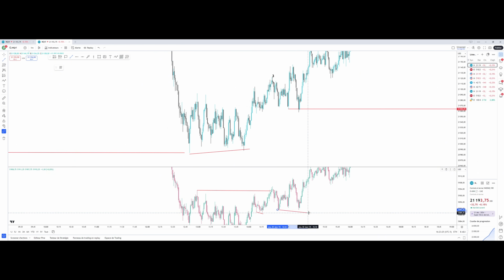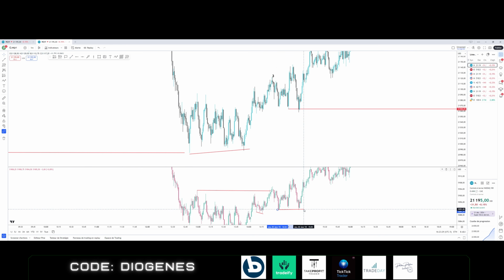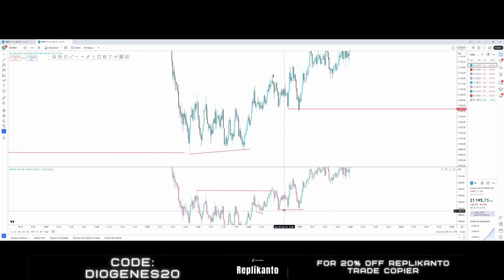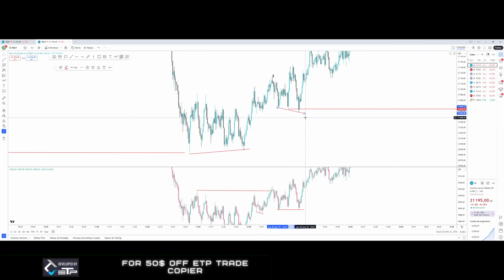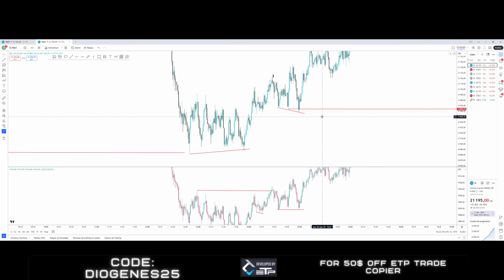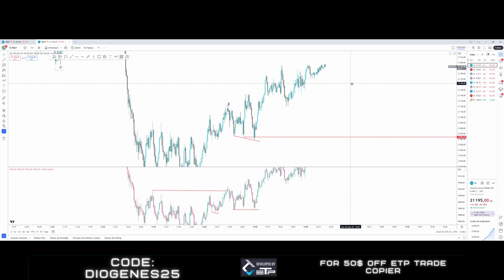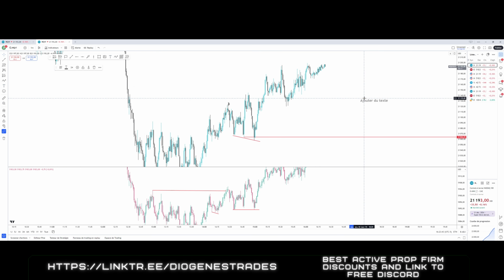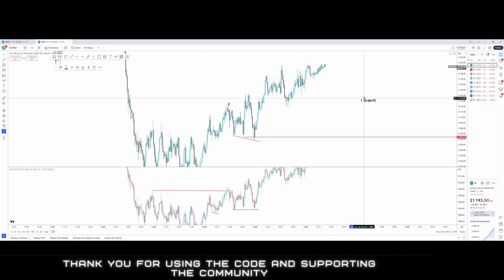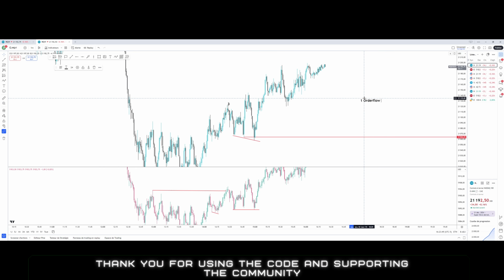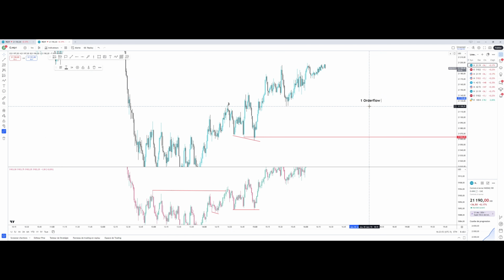Number one, SMT, right? So ES didn't take this low, right? While Nasdaq took this. That's number one, right? Let me type it. Number one, order flow. So we can see that order flow is bullish, okay?